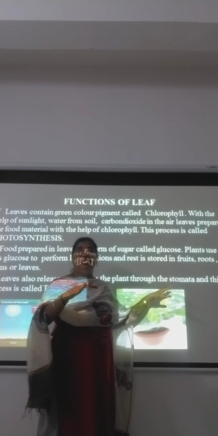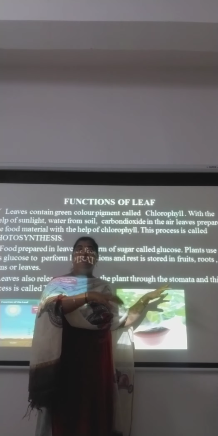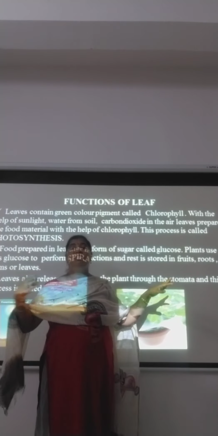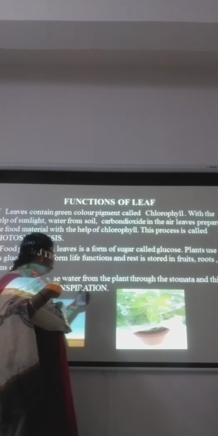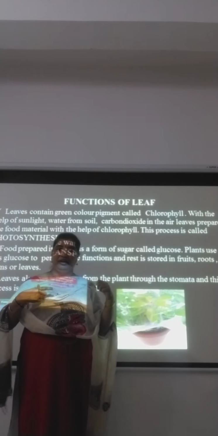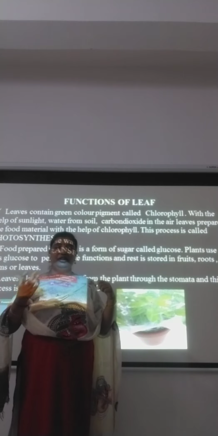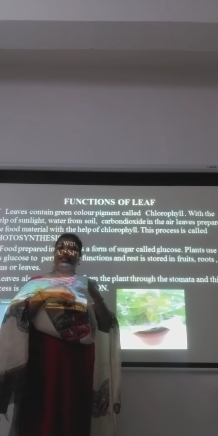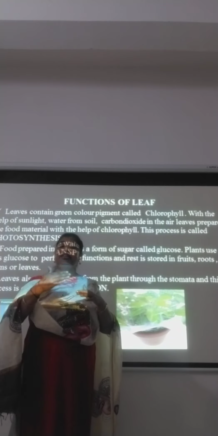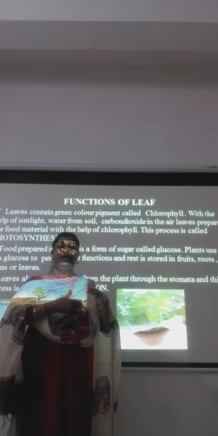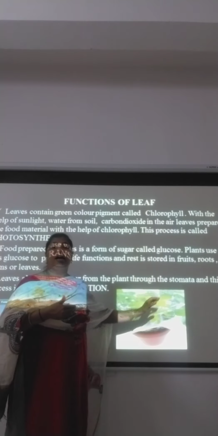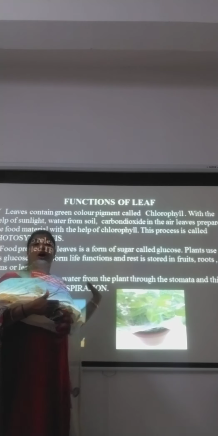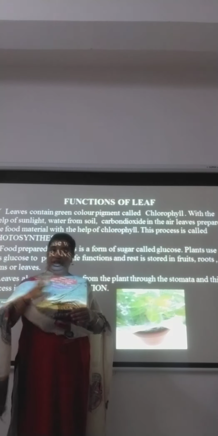And this process where the water comes out from the stomata is called transpiration. Understood now, children? What is transpiration? It is nothing but the excess water that is present in the leaf coming out through stomata, and this process we call transpiration.